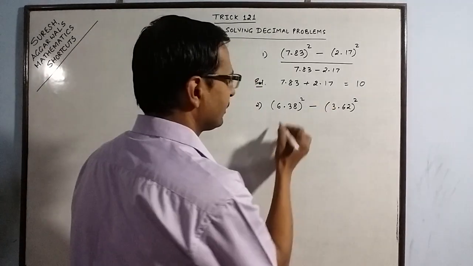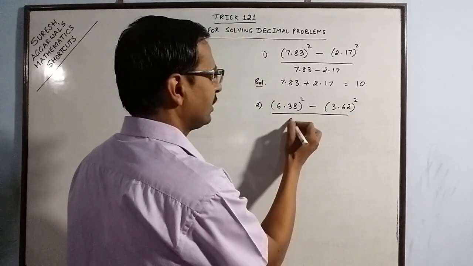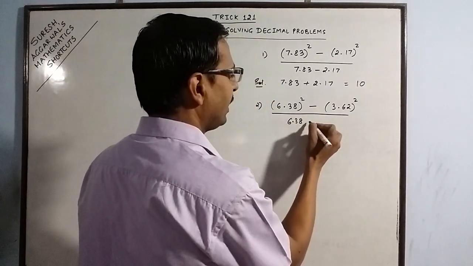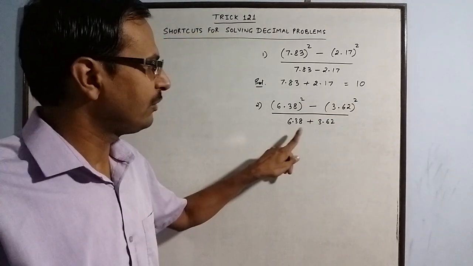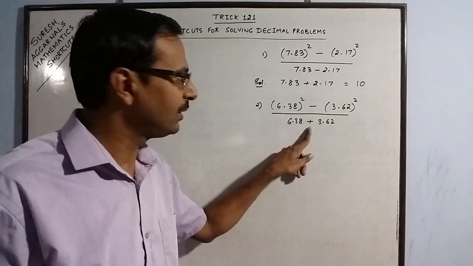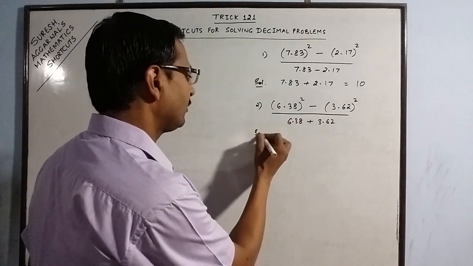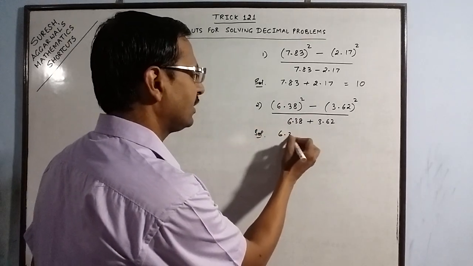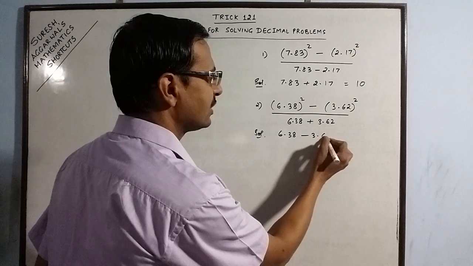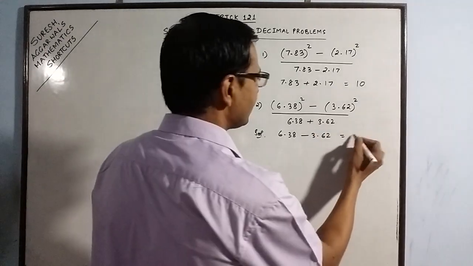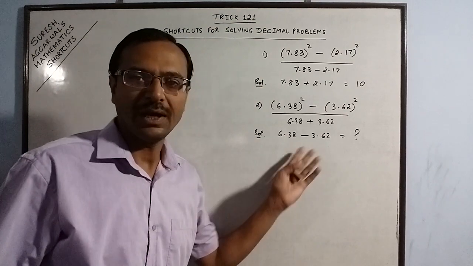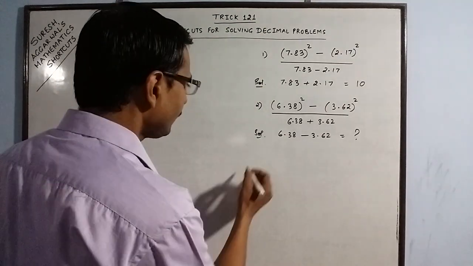Again the difference is there, and in the denominator the same two terms are added. Now when there is the addition sign in the denominator, the solution will involve just taking the difference of the two terms in the numerator. So you can solve this very easily now. Take the difference and you will have the answer.